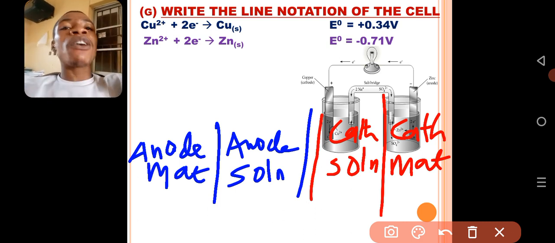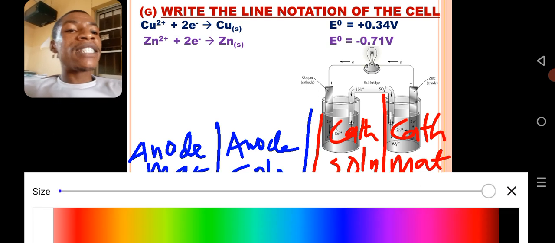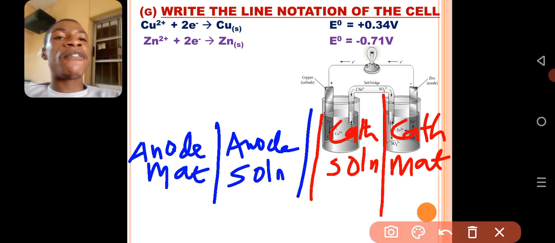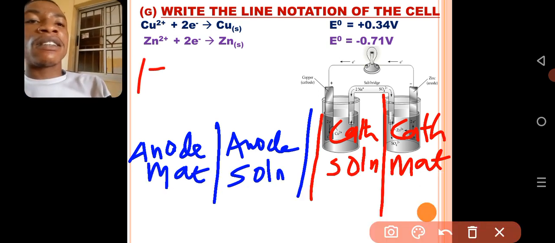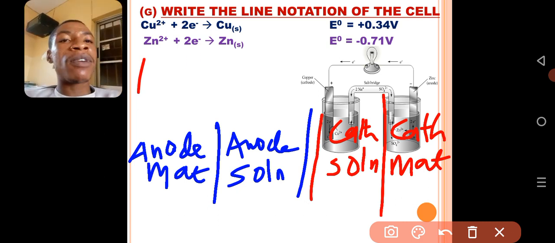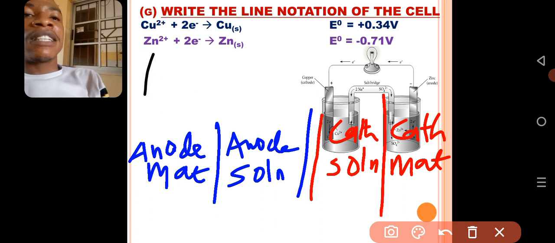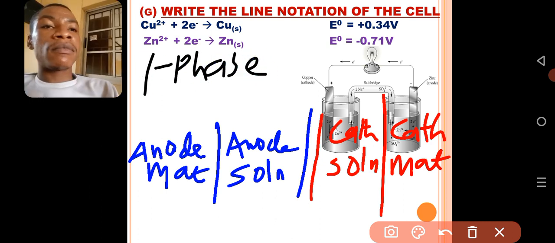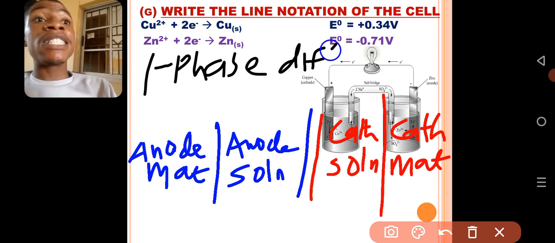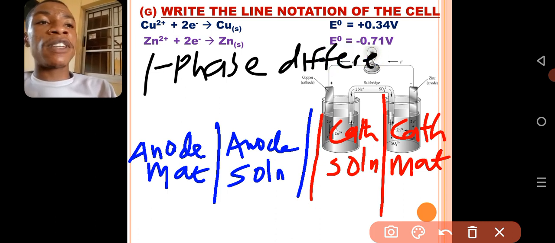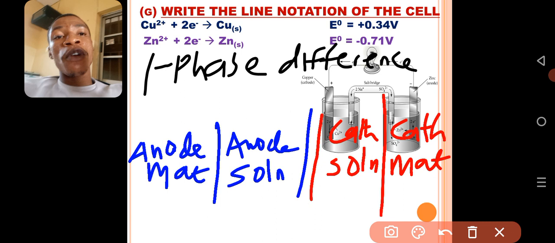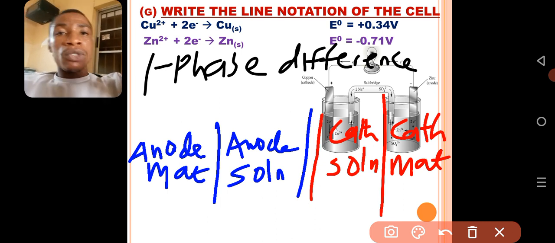Now, what is the meaning of slash? A single slash represents phase difference, because you can be asked in the exam what the single slash represents. It represents the phase difference, that is a change in physical state. We are moving from a solid metal to a solution.